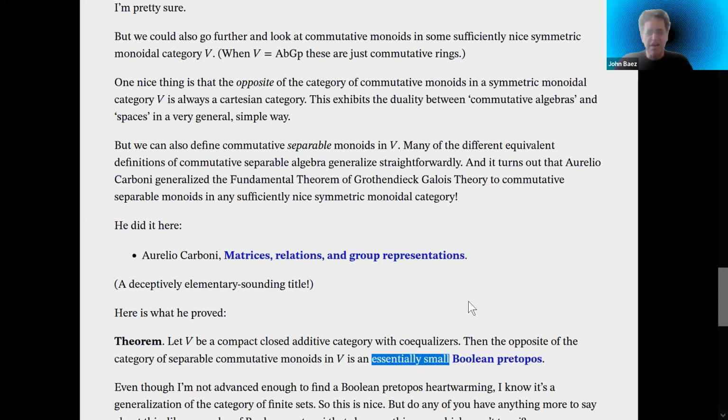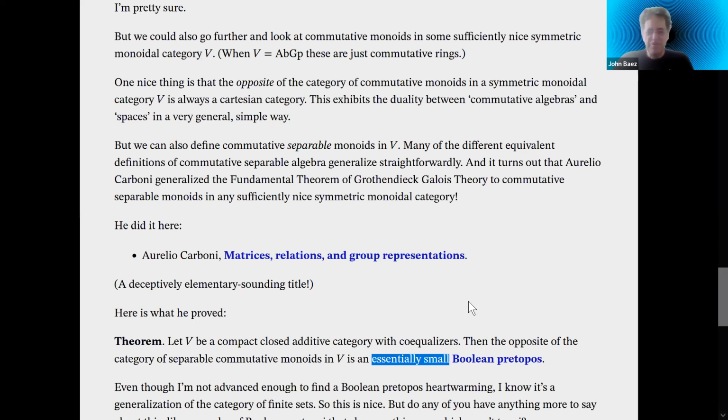And this goes beyond my tolerance for topos theory a little bit, although I did look up the definition of a Boolean pretopos. It's not that bad. So it's almost a Boolean topos in some ways. But you can probably get a Boolean topos from it.